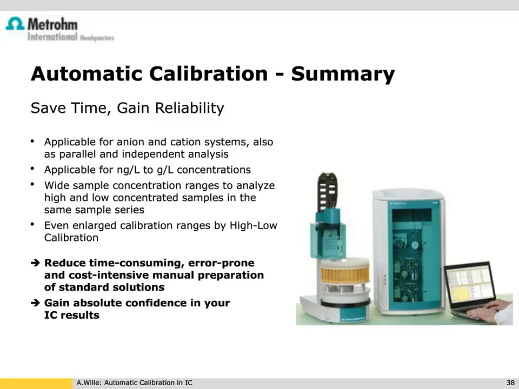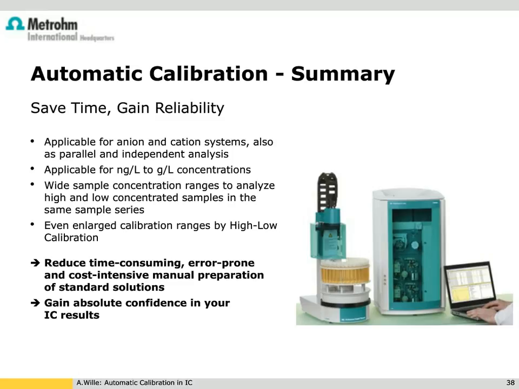Another question, this one's for Andrea. How difficult is it to flip a system between anion and cation modes, or do you suggest having two dedicated systems? To change between anion analysis and cation analysis, yes, it's not a big issue, so you can do it with one system. It takes you about, let's say, 1 hour. First you have to stop, of course, your anion analysis.